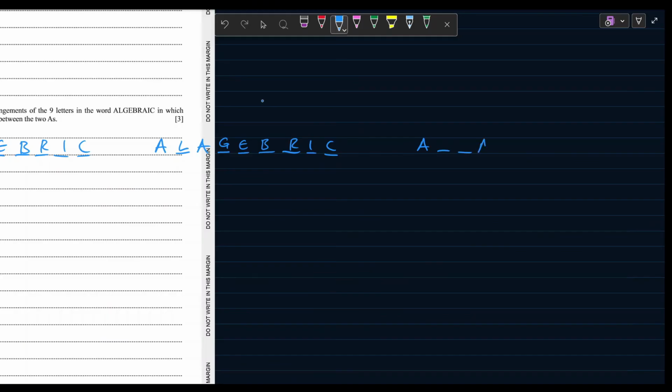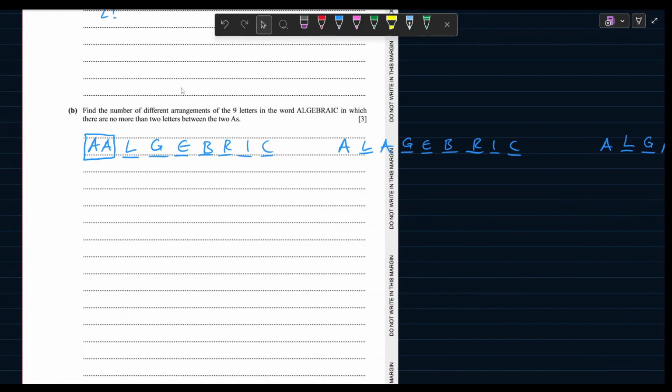So 2 is also included. And then we've got 1, 2, 3, 4, 5. So that's going to be L, G, E, B, R, I, C. Okay. So let's go with the first scenario first.